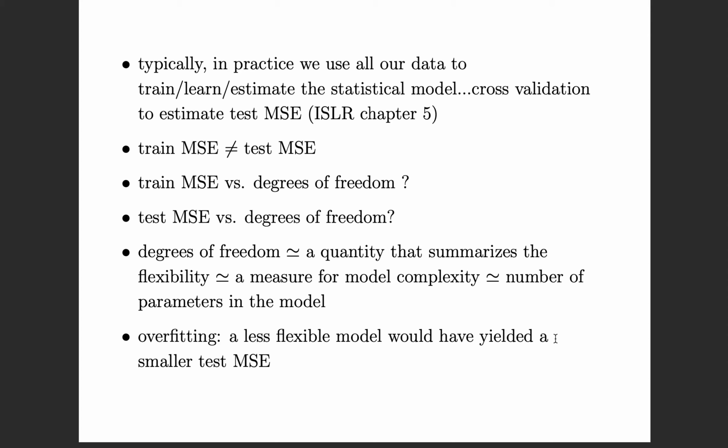But if it fits the data better, that does not necessarily mean that model will predict better tomorrow, because maybe it's just fitting the idiosyncrasies of that particular data set, as opposed to capturing the relationship that represents the association between the response y and the independent variables, features, predictors.